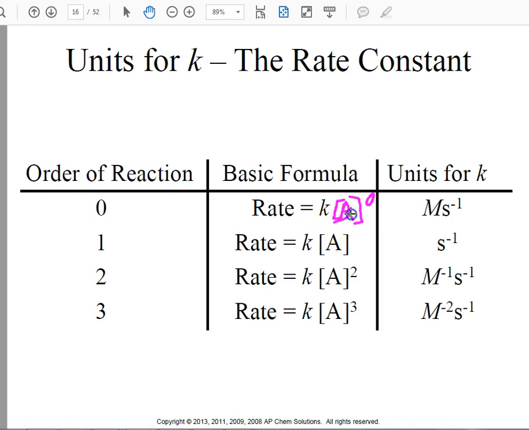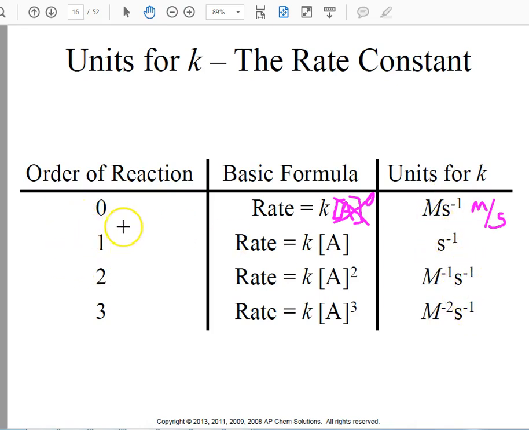If it's 0 order, this goes away, right? So you just have rate equals K. In that case, the units for K would be molarity over time. And they use seconds for time here, but really your time could be minutes or hours or days. It just depends on how slow your reaction is. So watch out, this won't always be seconds.